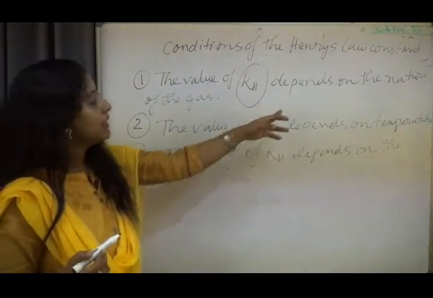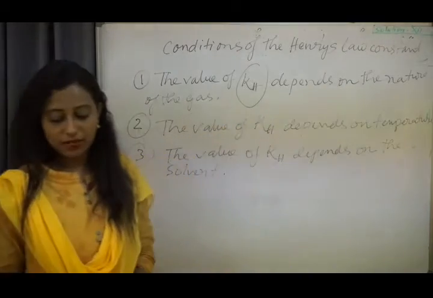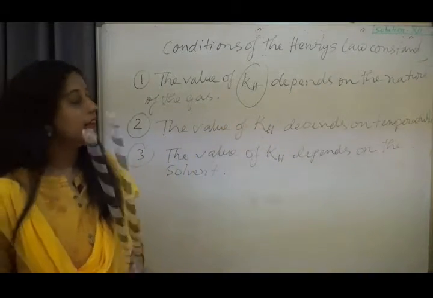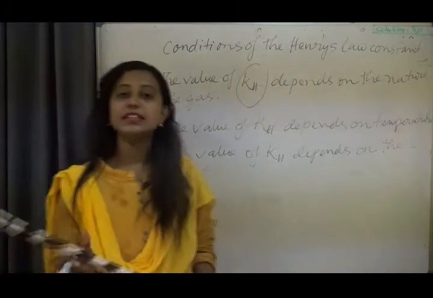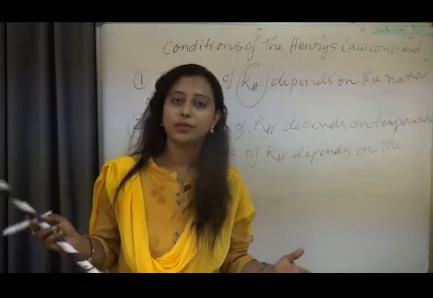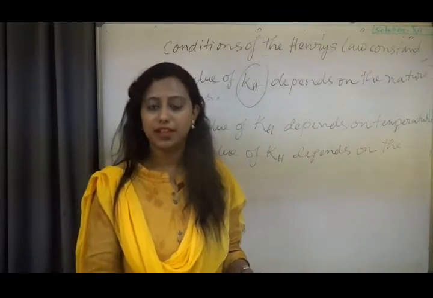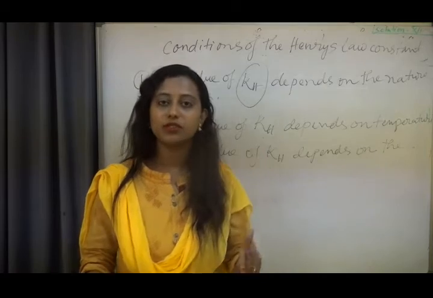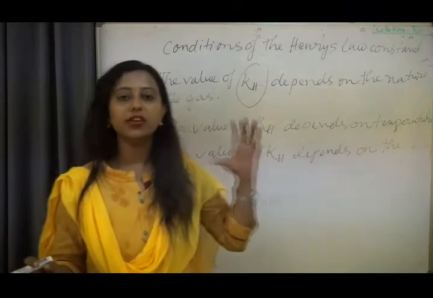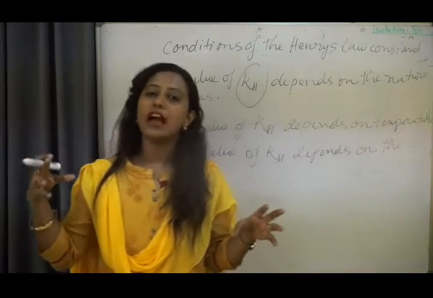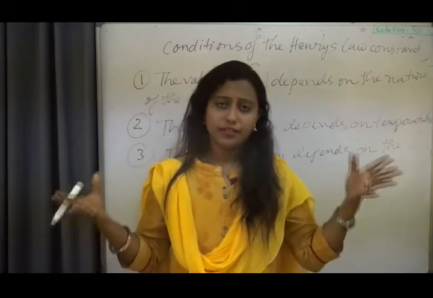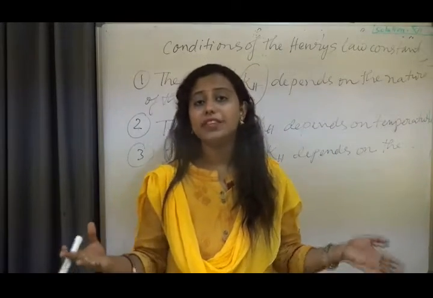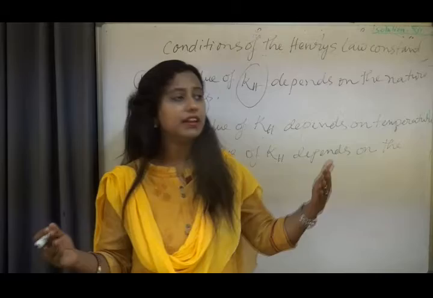First of all, it depends on the nature of the gas. This proportionality constant depends on the nature of the gas, that is, what type of gas is present in the solution. Suppose I have taken CO2, H2, and nitrogen. The intrinsic properties of these gases are different.